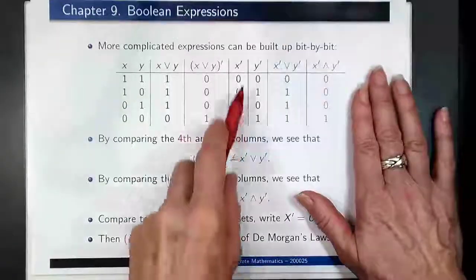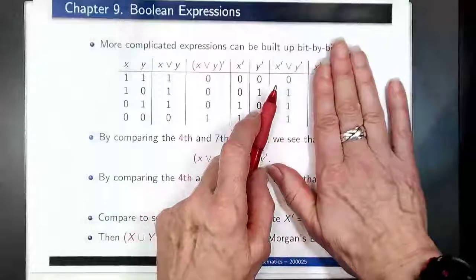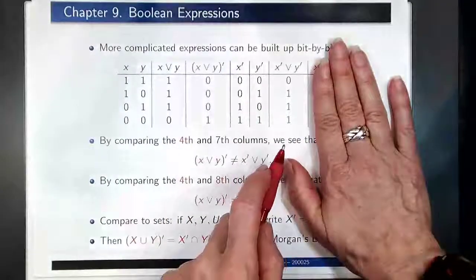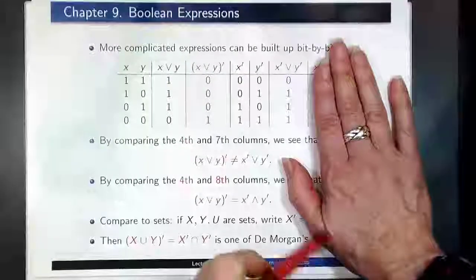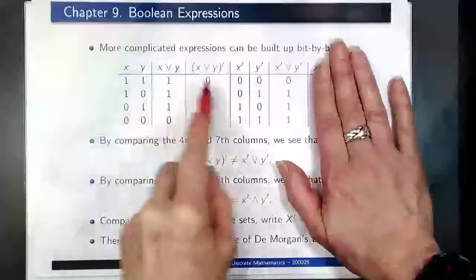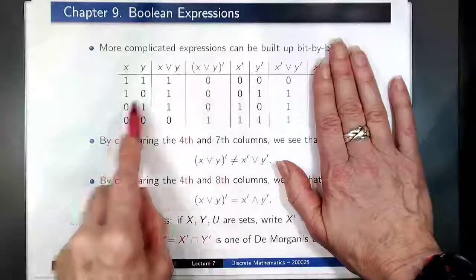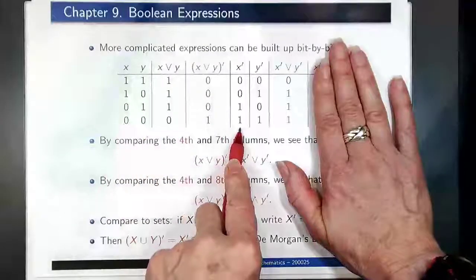Okay, now, let's work out, let's go for the blue one, x dash or y dash. Well, step by step, bit by bit, if x is 1, x dash is 0. X is 1, x dash is 0. X is 0, x dash is 1, x is 0, x dash is 1.